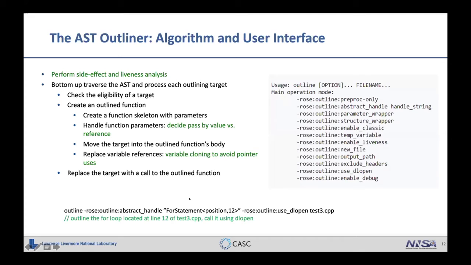The whole point is to improve the quality of the outlining, because you want to, first of all, reduce the number of parameters you want to pass into or pass outside of the function. In terms of C programming languages, you do want to reduce the number of pointer dereferencing, because those pointer dereferencings confuse users and compilers.